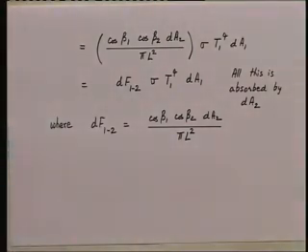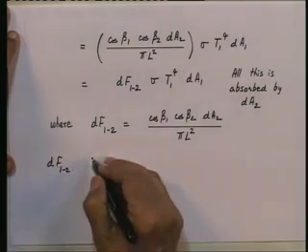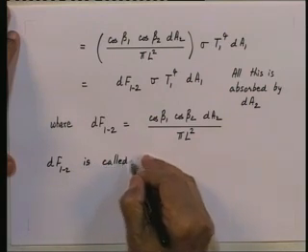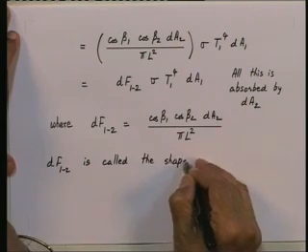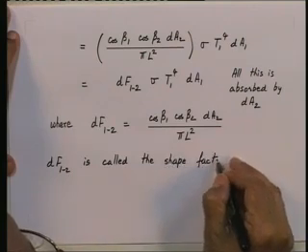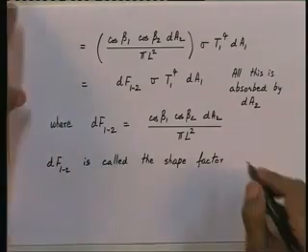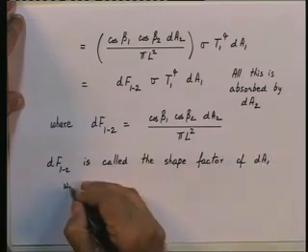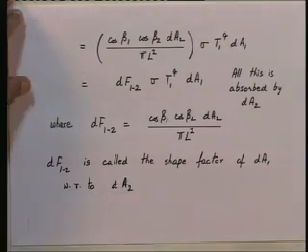That is the quantity dF which we have defined as dF 1 to 2. dF 1 to 2 is called the shape factor of dA1 with respect to dA2.